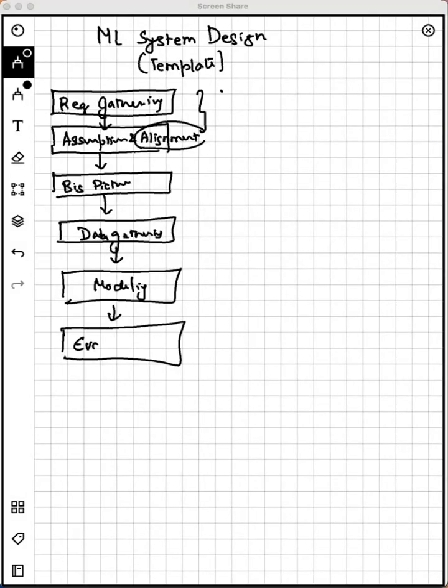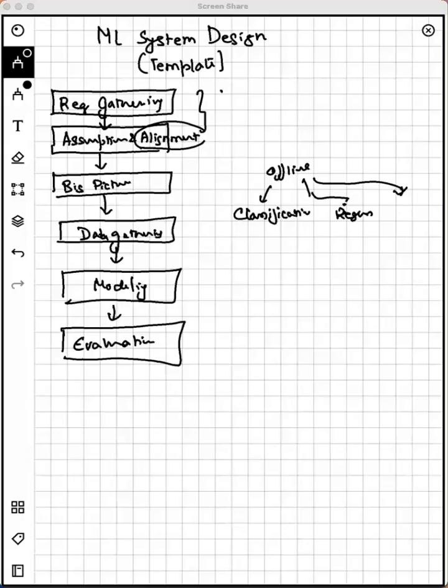the evaluation. Okay, now there are a bunch of offline metrics that you can have based on the problem type. Are you doing a classification? Are you doing regression? Is this a generative problem, generative AI?